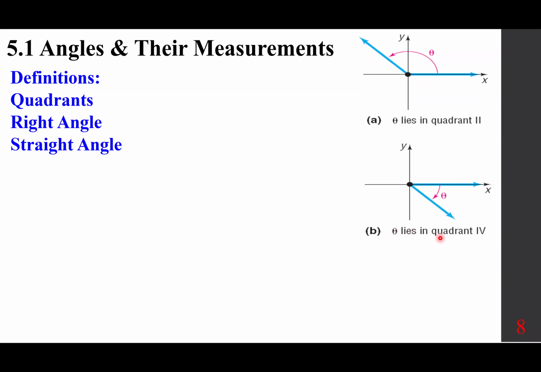This one, theta lies in the fourth quadrant, quadrant number IV. This one, theta is a quadrantal angle. When we say quadrantal angle, it ends up on the x or y axis. It's on the negative side of the y axis, in fact, 270 degrees.